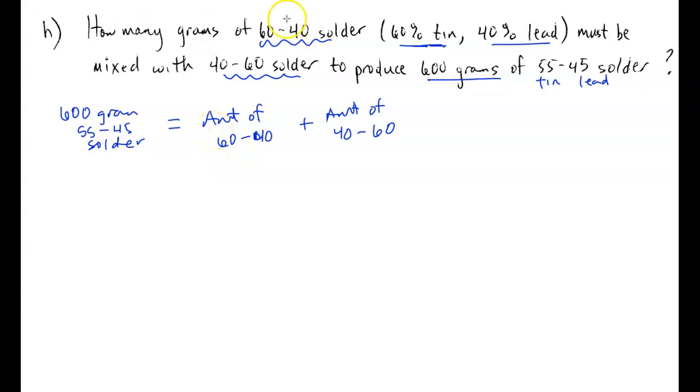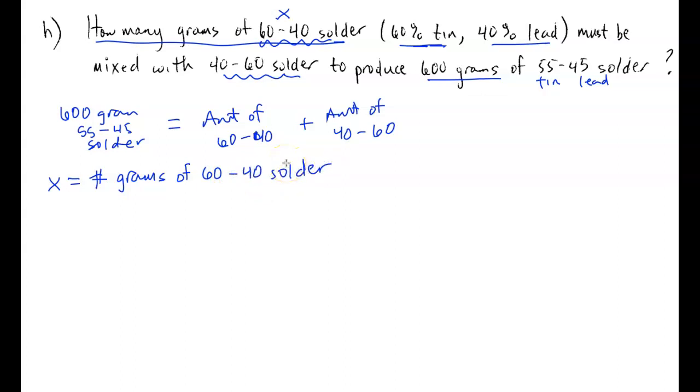So since we want to know how many grams of the 40-60 solder, we're going to let that be our X. Okay. So we'll start off with X being the number of grams of 60-40 solder.